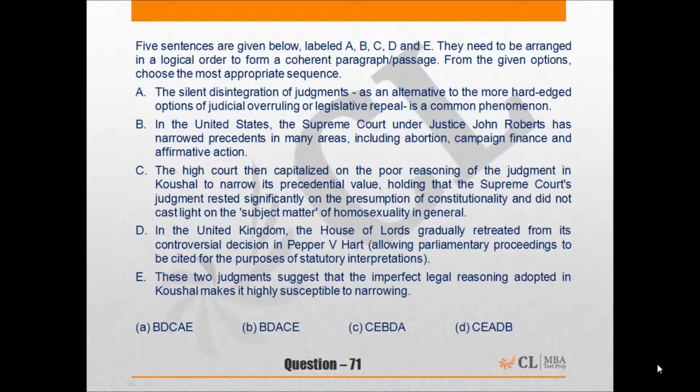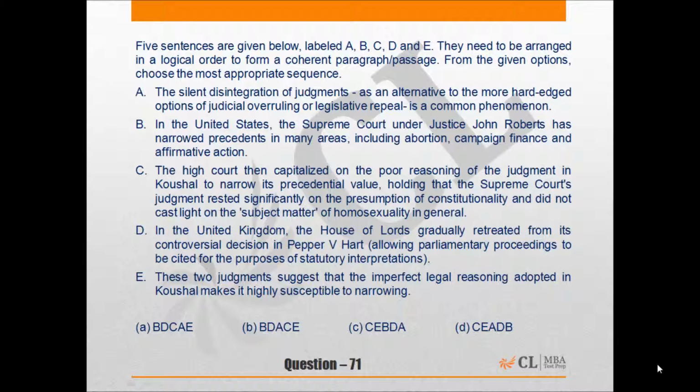Now there are three judgments mentioned in the sentences. One is statement B, one is statement C, and one is statement D. B and D have been written in a very similar manner, and if these are the two judgments which suggest the imperfect legal reasoning, then the correct order would either be BDE or DBE.